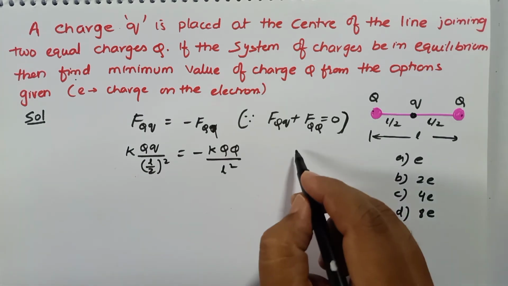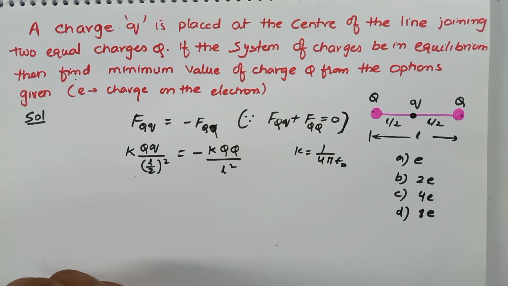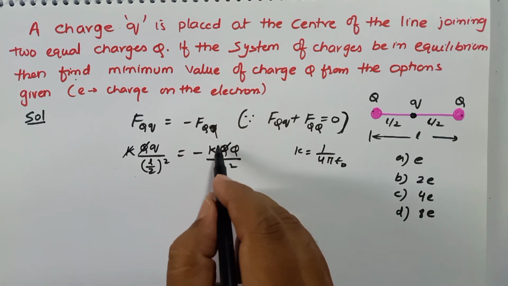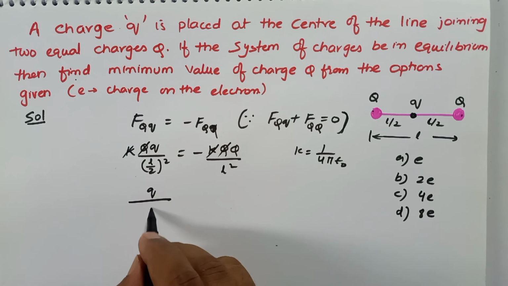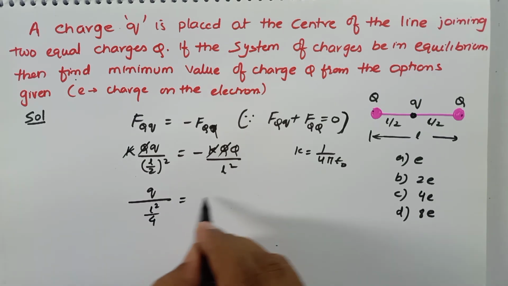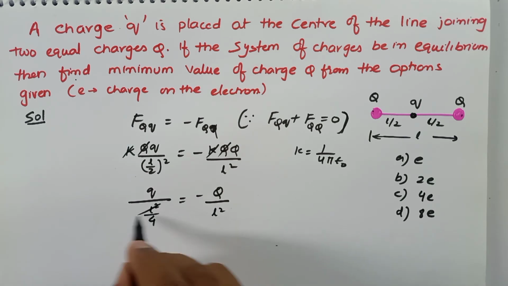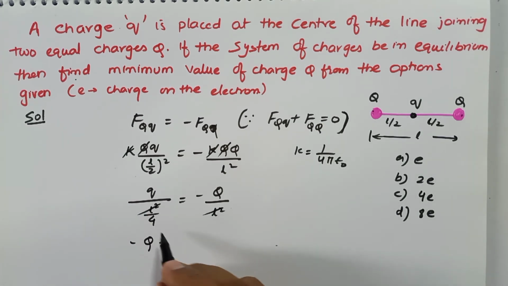Here K is constant. You know the value of K here. It can be written as 1 by 4 pi epsilon naught here. So what are you going to do? Cancel out these two. So we're getting how much here? That is small q by L squared by 4 is equal to minus of capital Q by L squared. Here L squared is also getting cancelled. Then ultimately you're getting minus Q is equal to, 4 comes to the numerator, it is going to become 4q.